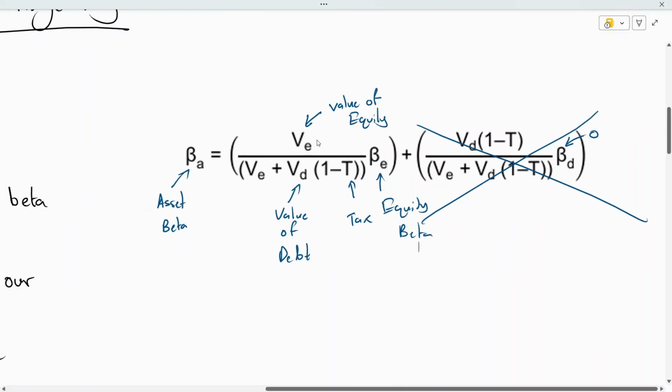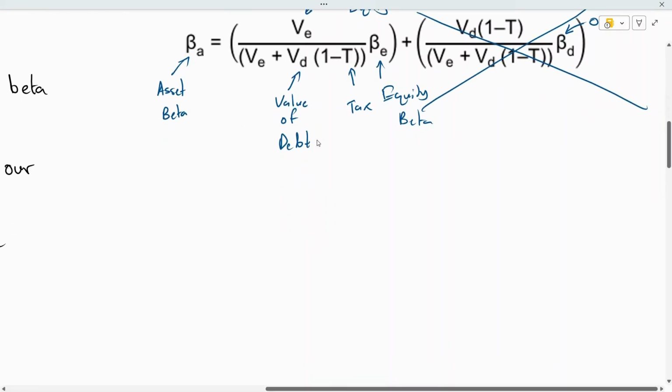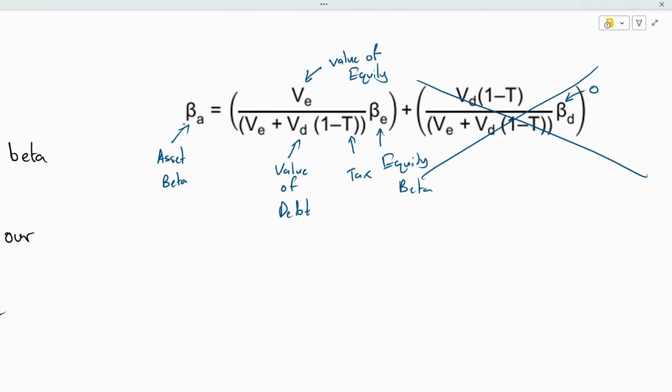So in the process of ungearing, we are removing the impact of gearing. Therefore, what we are trying to calculate is the asset beta. So the output of the ungearing process should be the asset beta. Therefore, you can calculate asset beta by using this formula.